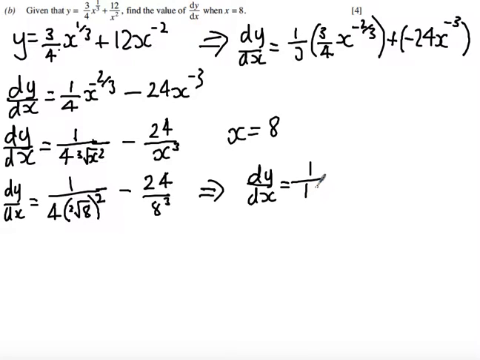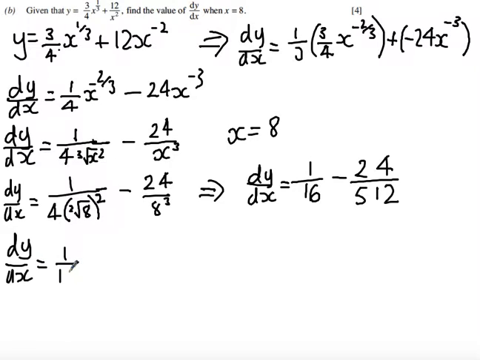gives me 16. So I actually get 1 over 16 minus 24 over 8 times 8 is 64, times 8 again is 512. Okay. Finally, let's just cancel this fraction. I'm going to get 1 over 16 minus, I can divide both top and bottom by 8, so I get 3 over 64.